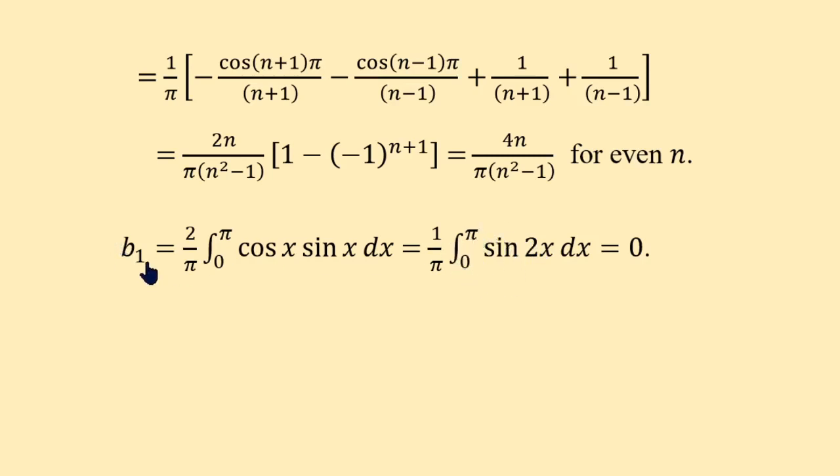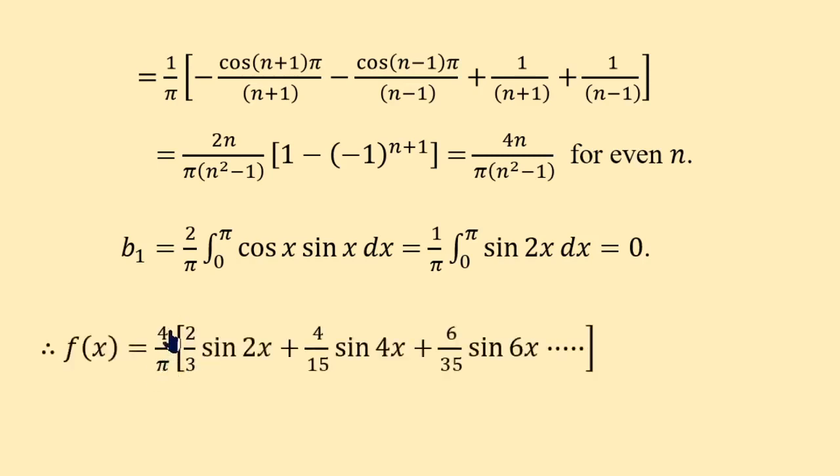Therefore b1 is 0, and hence your f of x becomes, now see this, 4 by pi only for even integer, even. b1, b3, b5, everything is 0.